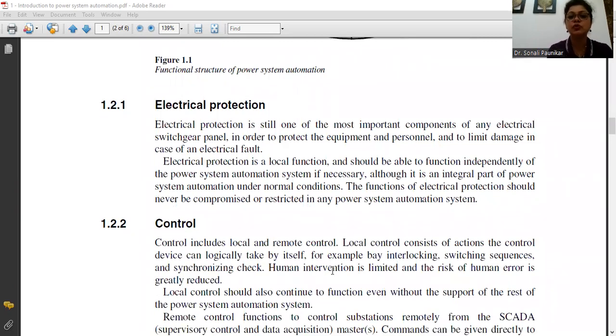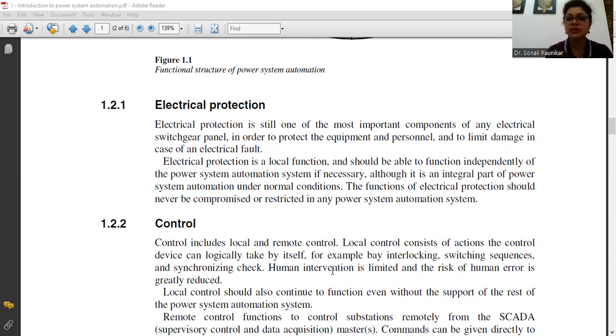The electrical protection is still one of the most important components of the electrical switchgear panel, in order to protect the equipment and personnel and to limit the damage in case of an electrical fault. So the first and important thing in the power system automation is the protection. So we have to do the electrical protection very well.